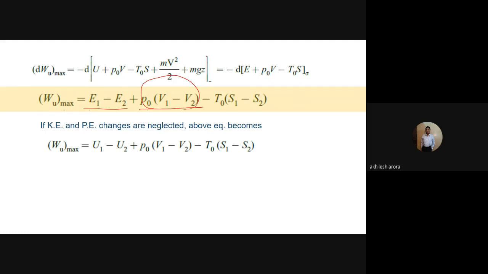This is the work done against the atmosphere, which has been subtracted because the volume V2 is greater than V1. So don't consider that we are adding this to the maximum work. It is basically a negative term. This will reduce the maximum work by a value equal to P naught into (V1 minus V2). So this is the work done against the atmosphere which we are subtracting rather than adding. Okay, this should be clear to you.